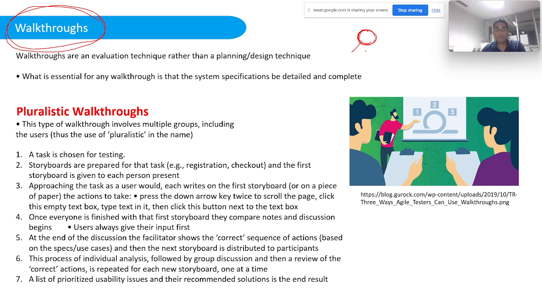However, a walkthrough is not a technique to design or plan a set of tasks; rather you have a design and you try to evaluate the design, whether a particular user group is able to recognize your design or not. So you try to see whether the mental model of the user matches with your conceptual model.